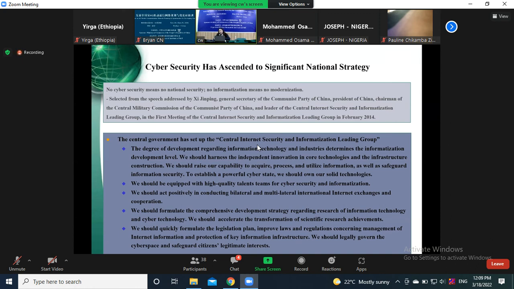And the second problem in the top-level design of cyber governance is scientific management.